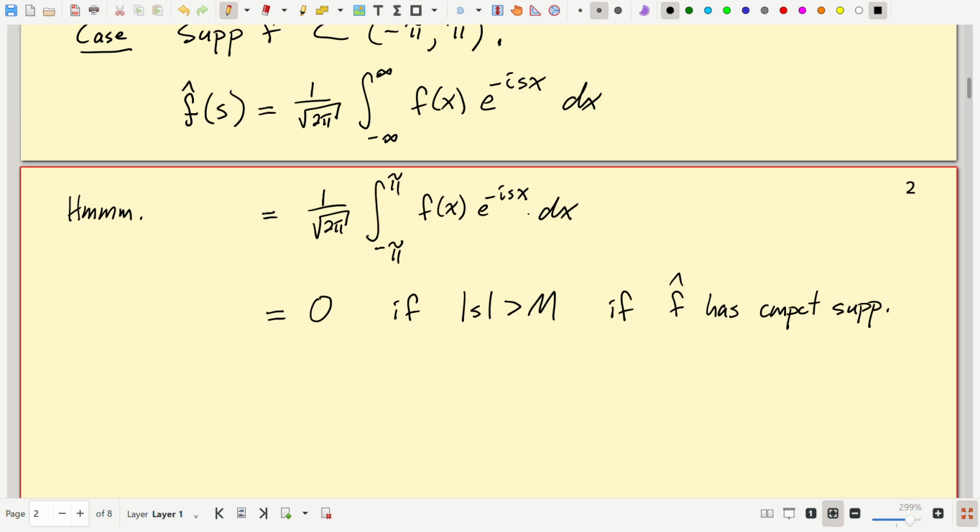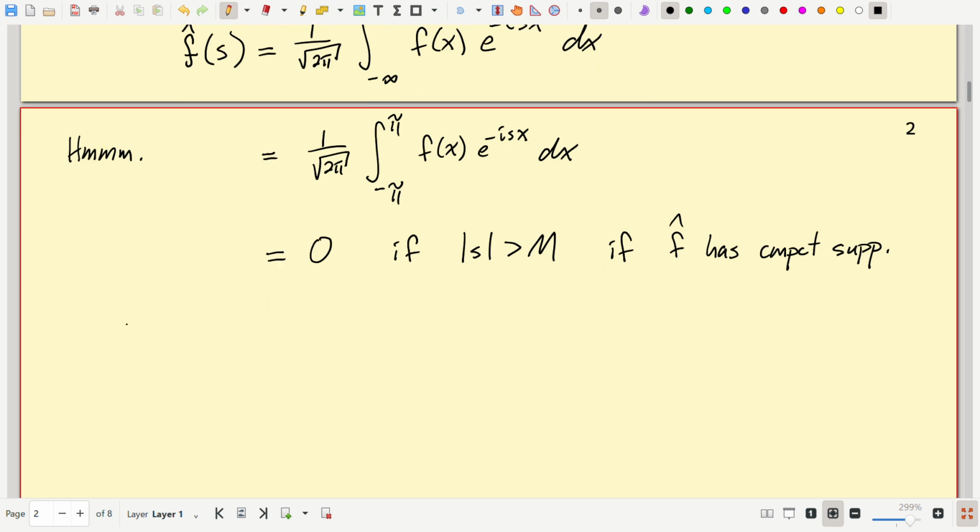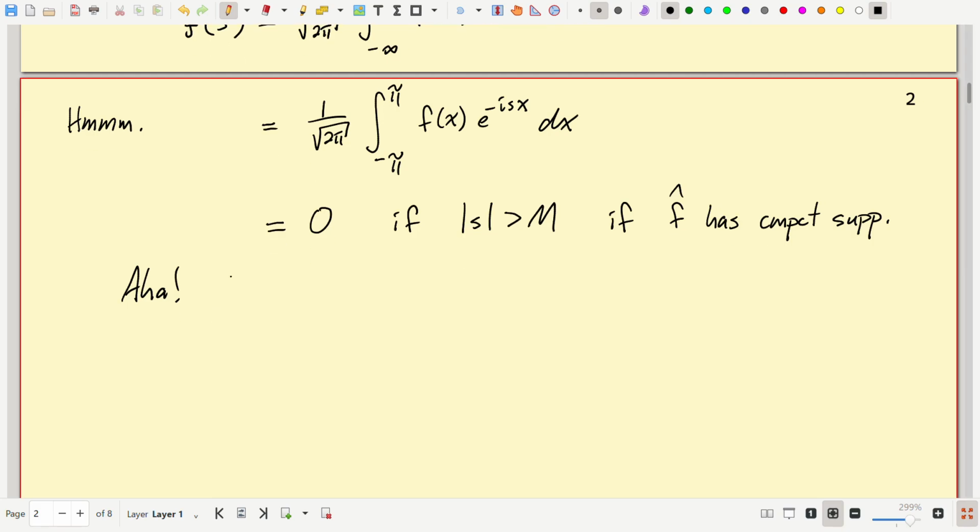And so the aha moment, we would see that the Fourier coefficients are equal to 0. We would see that the Fourier series coefficients, let's see, what are those? Those would be c n.